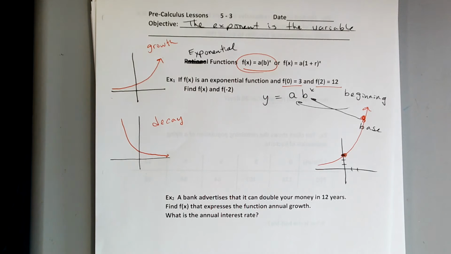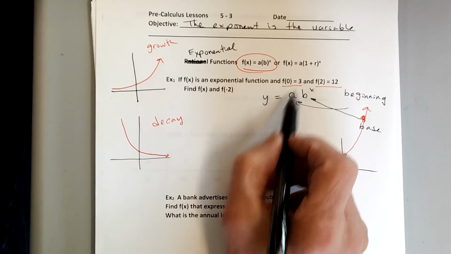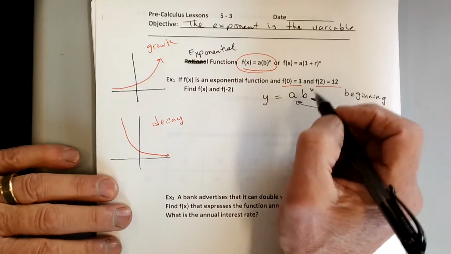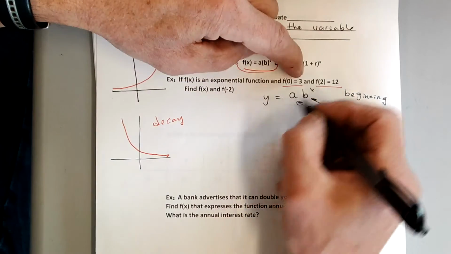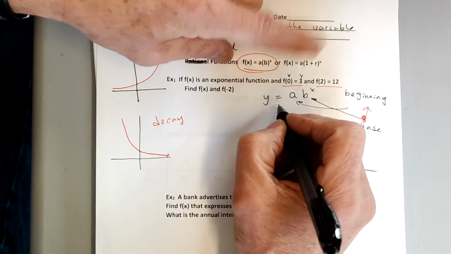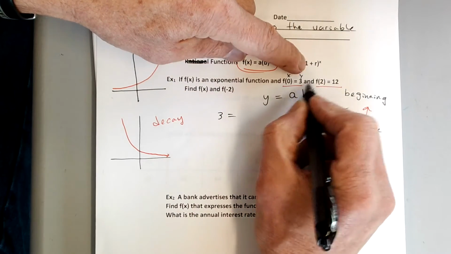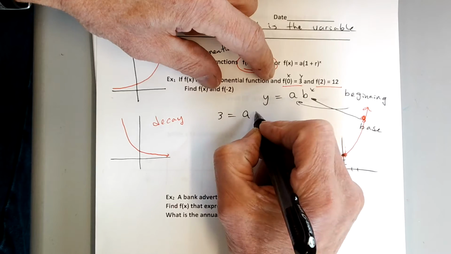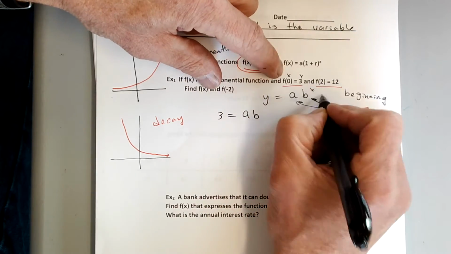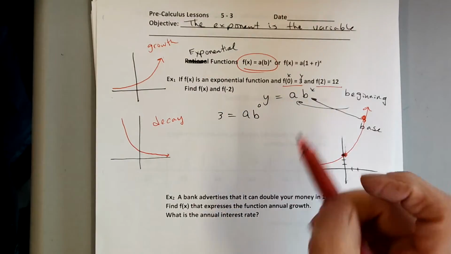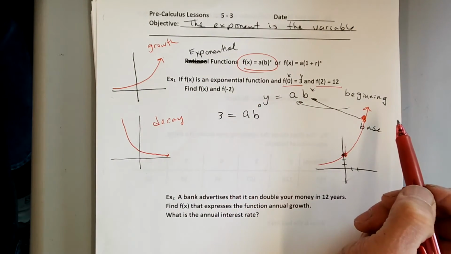So how do we find the equation? Well, first of all, we do know a. A has to be 3. But let's plug it in. That's an x value and that's a y value. So 3 equals a times b to the x power of 0. Every point has an x and a y value, right?